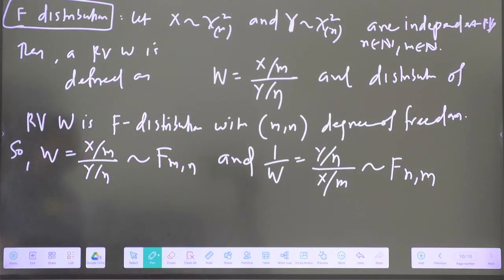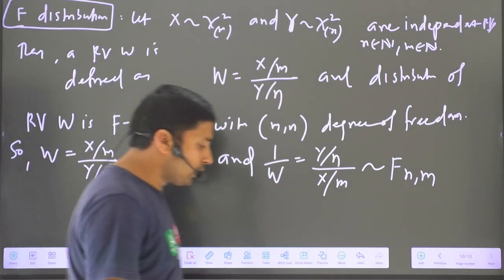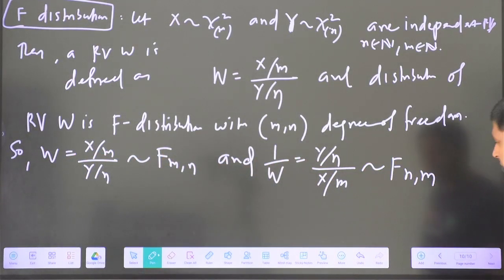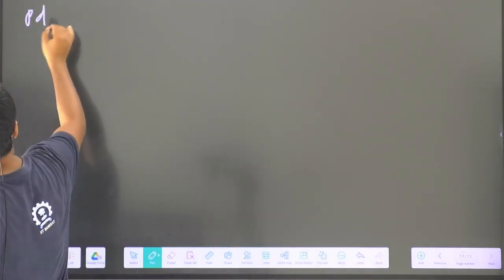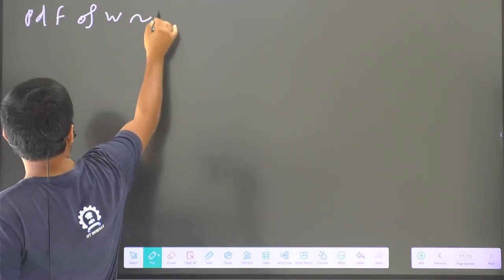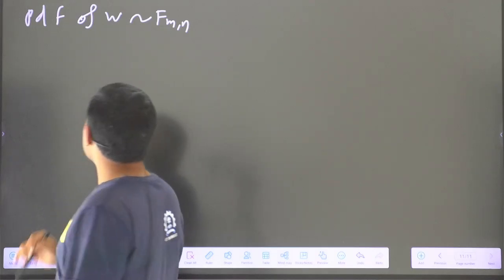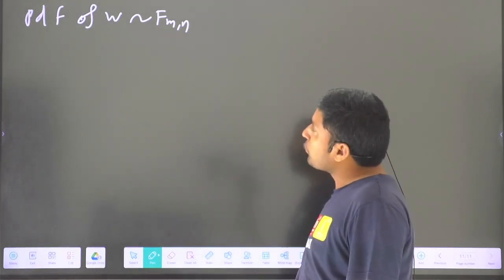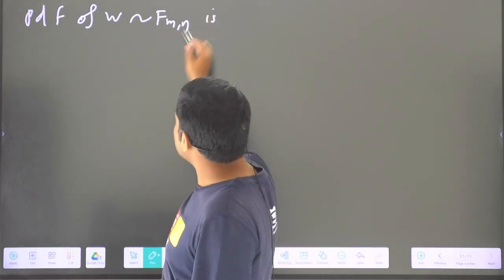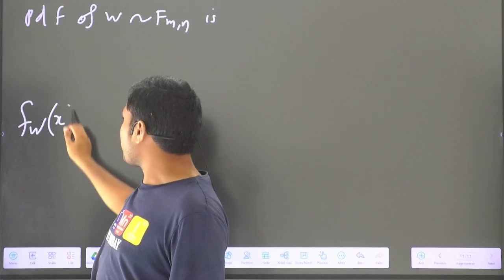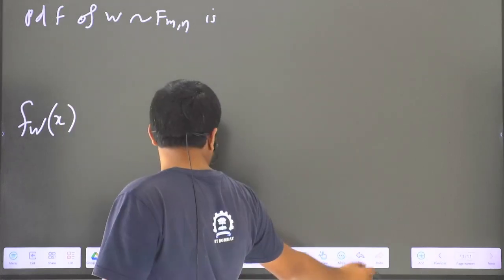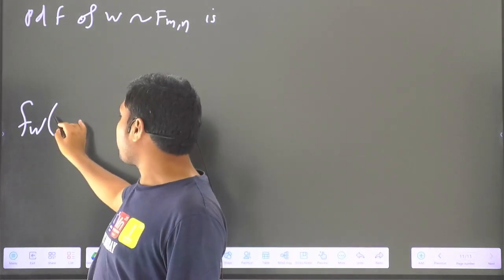Then what will be the PDF of this random variable? The PDF is something complicated, but we can define it. So the PDF of W, which is the F distribution with m and n degrees of freedom, let me write in terms of x only. You may write in any variable, W, X, T, whatever you want.